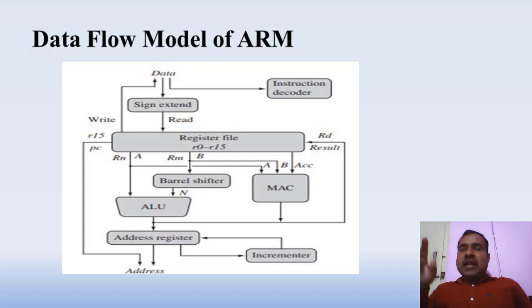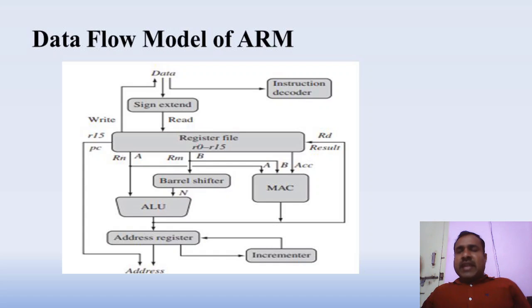So the data from bus B goes to the barrel shifter, and after processing in the barrel shifter, it is sent to the ALU. So before entering the ALU, one data gets pre-processed. That increases the scalability of ARM instructions. And after this, the data are sent to the ALU.